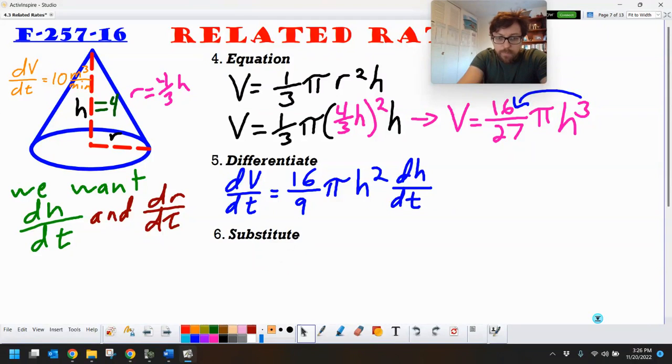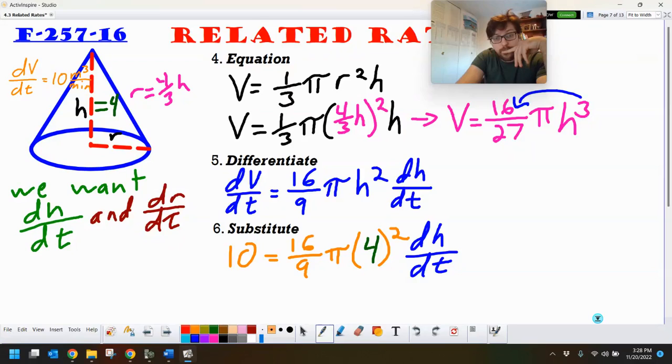Another reason that I'm excited about substituting in that r is I never figured out what r was, and I didn't need to because now I have an equation that just has h in it. We should be able to fill in all of these other values and figure out what dh over dt is, because that's one of the things we're trying to find.